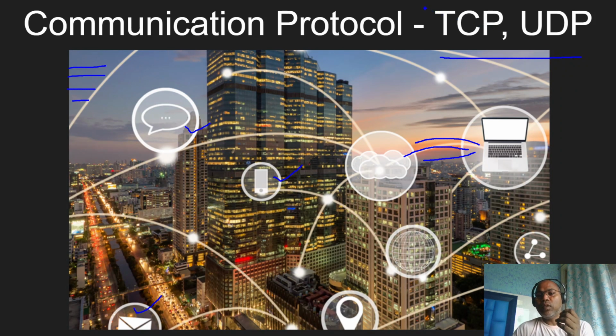One is TCP, another is UDP. In one class we have talked in detail about the different types of protocols and communications: synchronous, asynchronous, unidirectional, bidirectional, right? So today our objective is to understand TCP and UDP, the two most commonly used protocols.